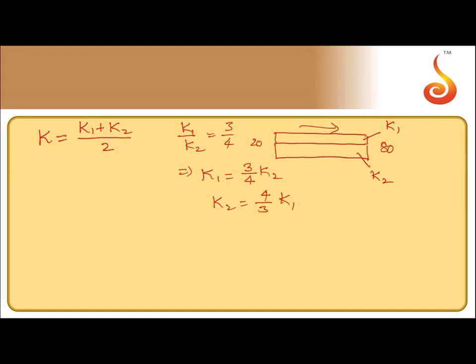So, substitute that here, K is equal to (K1 plus 4 by 3 K1) divided by 2, that is equal to 7 K1 by 6. This is K. What we want is K by K1, that is equal to 7 by 6. So that is option B.